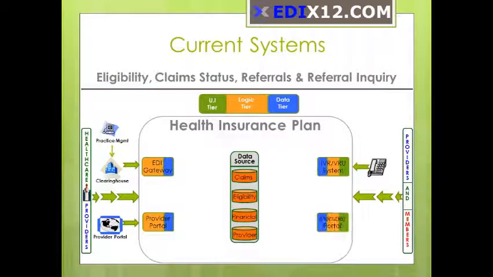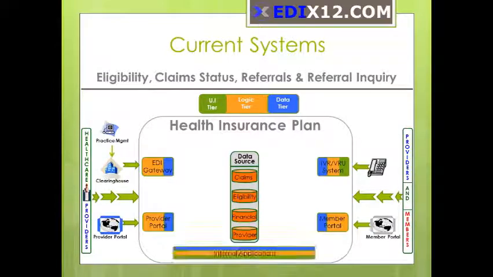Second approach is using a member portal built by the health plan. Some health plans contract out the portal service to a third party, and this eliminates the presentation layer of the member portal. Health plans also have internal applications where all the systems access the same data source.